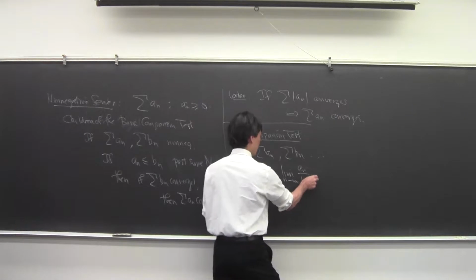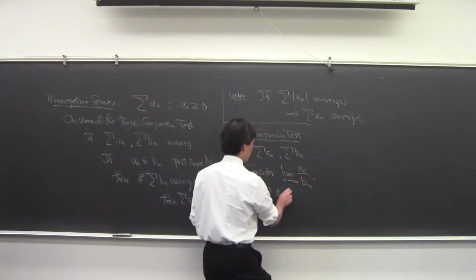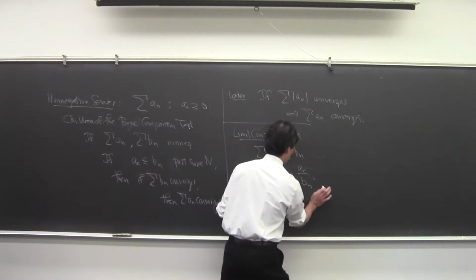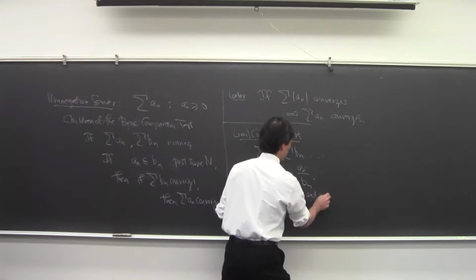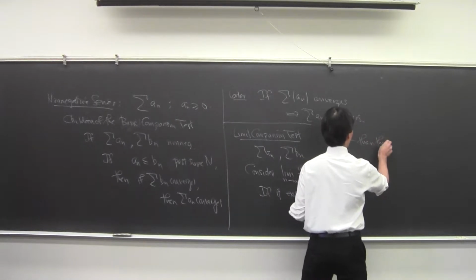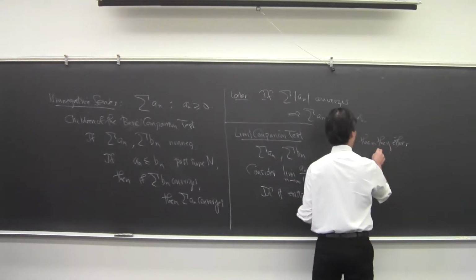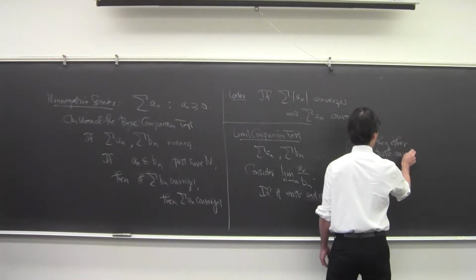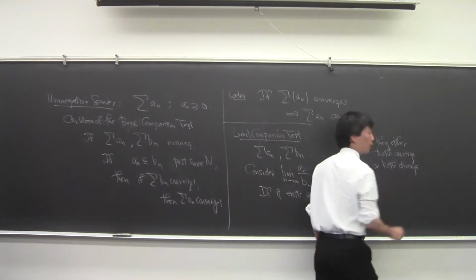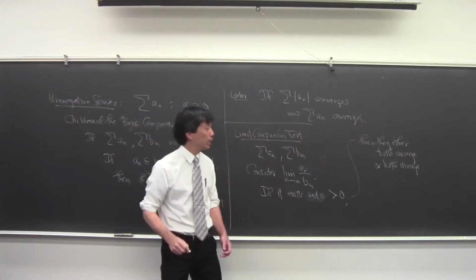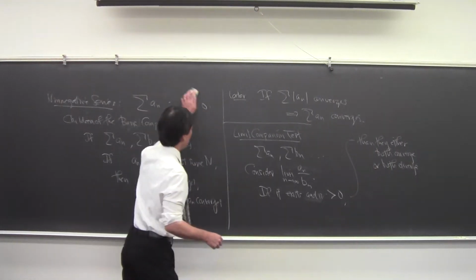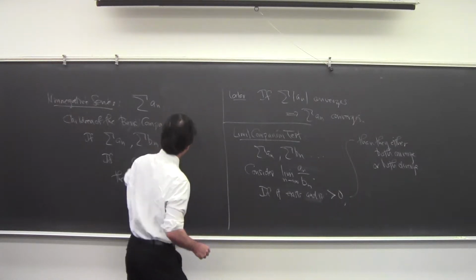So consider this limit, if it exists and is bigger than 0, then they either both converge or they both diverge. One converges if and only if the other one converges. There's actually a little bit more to this, but I'm not going to state it yet.